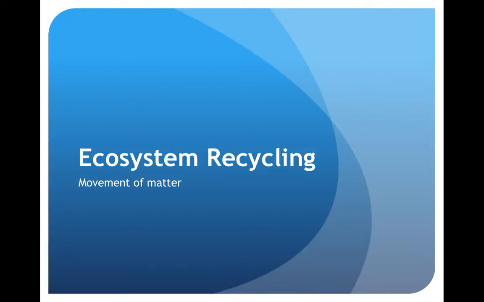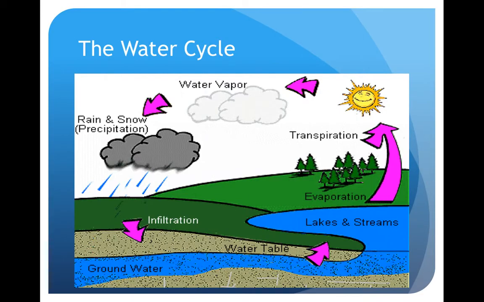And that's why we were focusing on those biogeochemical cycles, because it's showing you how those molecules are moving through systems. So we're going to review the water cycle, because that's the movement of water. And remember, both those equations have water. We're either breathing it out as water vapor, or the plants are pulling it up through the roots as a liquid form. But remember, water moves through systems. It's cycled through. It doesn't just go away.